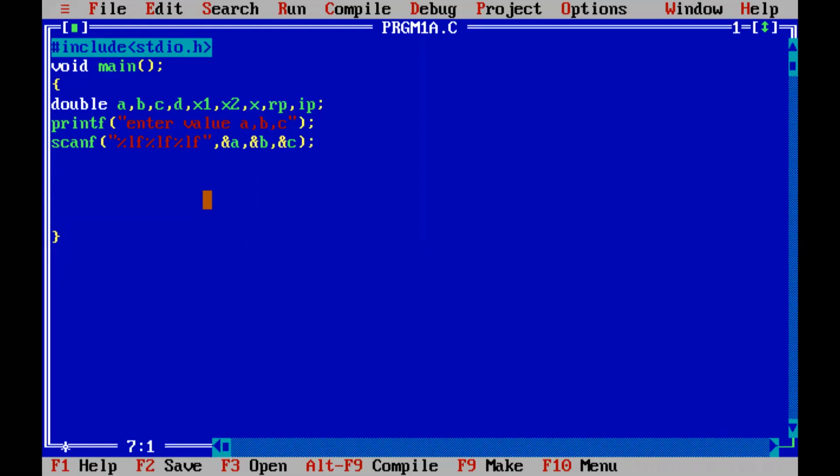So after accepting the values of 3 variables a, b, c, we are going to calculate the d value. So what is d value? b squared minus 4ac. So we are multiplying, b squared minus 4ac, right?